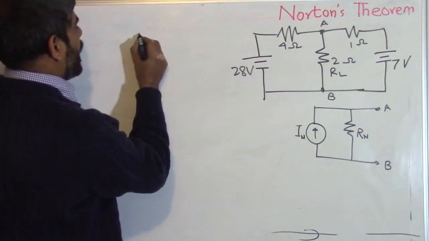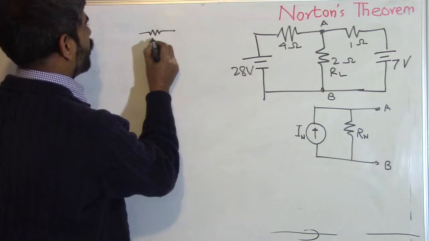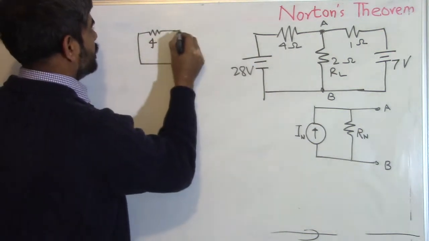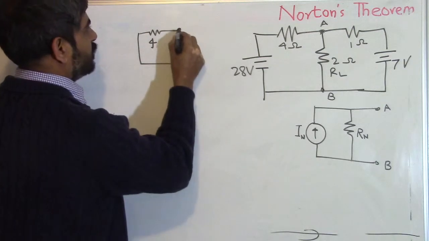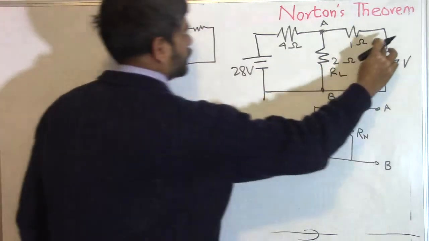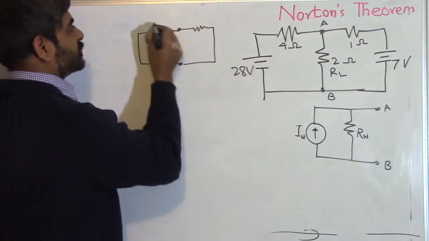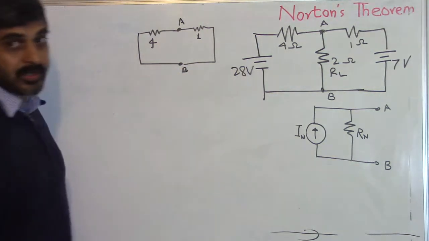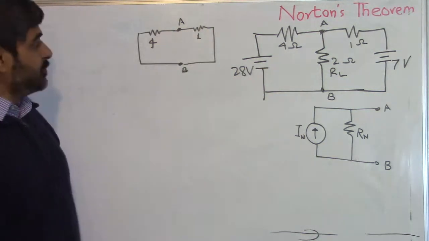Accordingly, the circuit is like this, 4 ohm here. This is shorted, so it looks like this. This is the point between which we need to find the resistance. I have shorted this 7 volt, so it looks like this. This is 4 ohm, this is 1 ohm. This is practically nothing but 2 resistors in parallel.